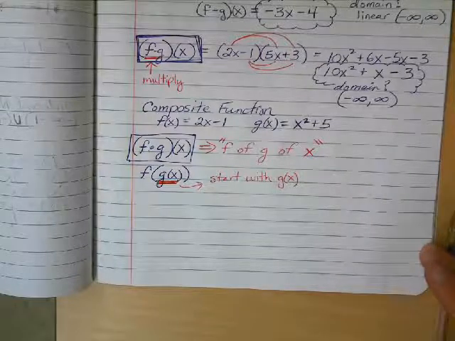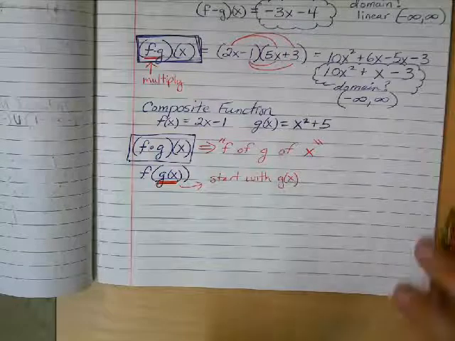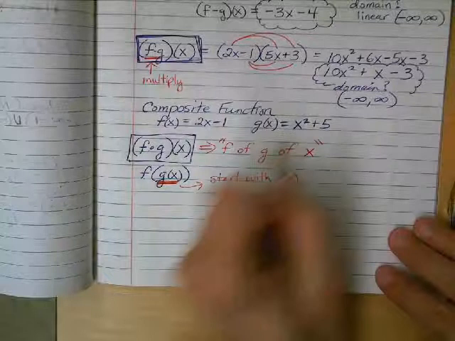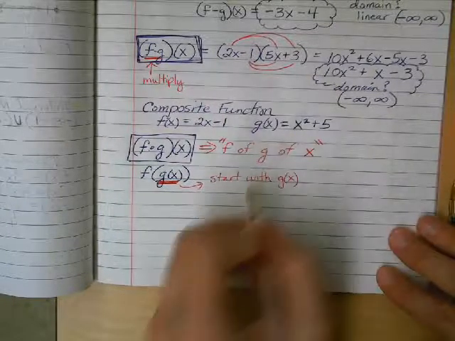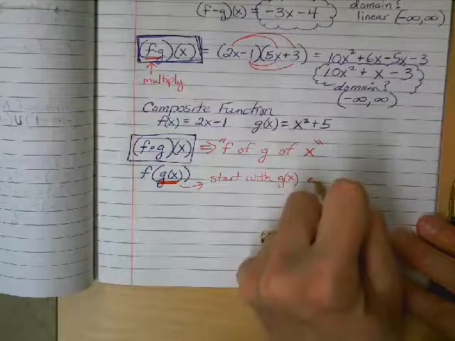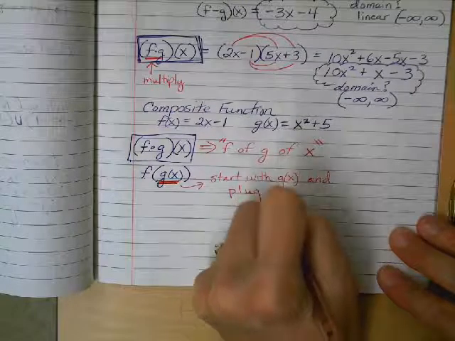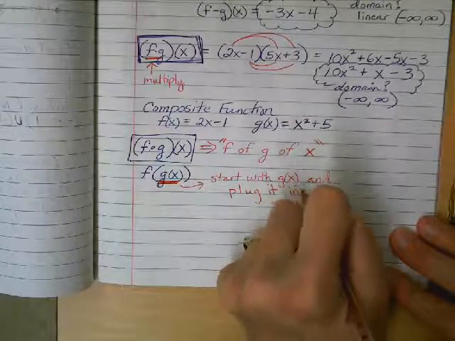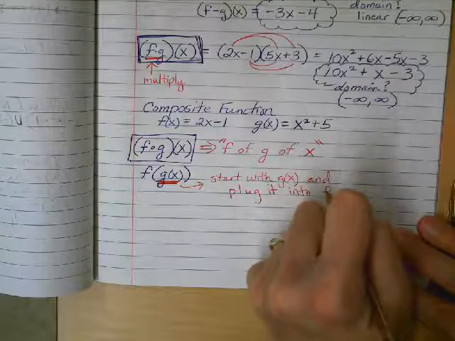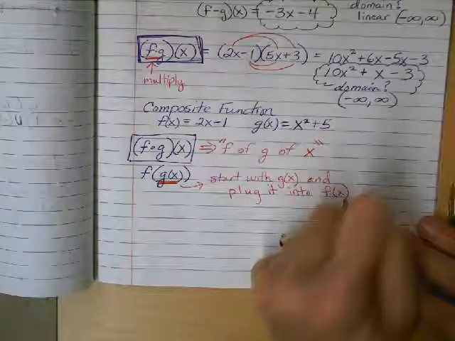You start with this, x squared plus 5, and what you do is take that problem, start with g of x, and plug it into the other problem. Plug it into f of x.